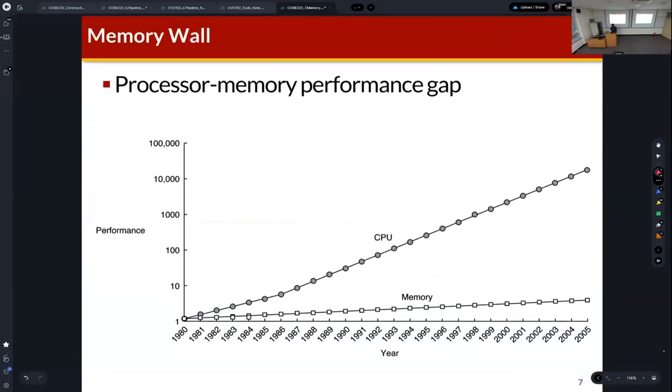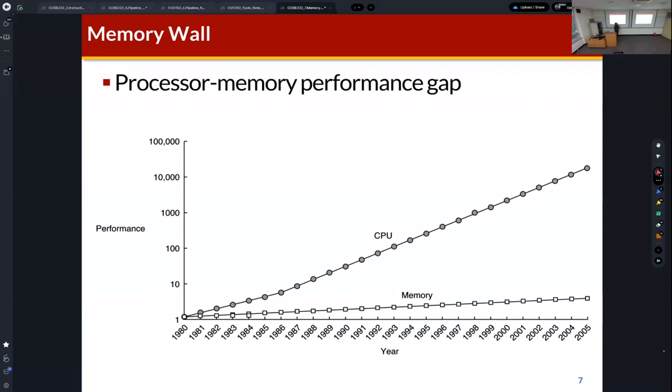This performance gap between a processor and a memory is called the memory wall. So which means that the performance of a computer system is degraded by slow memory.